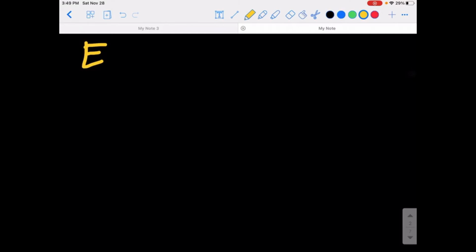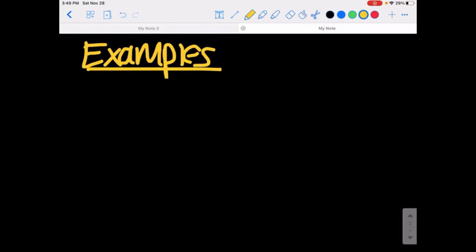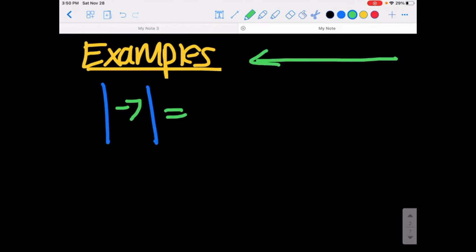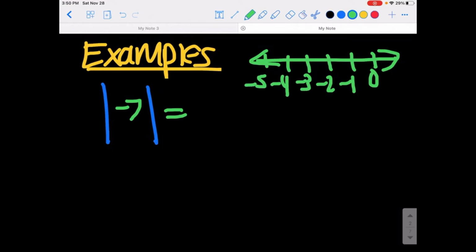Okay, examples. The absolute value of -7 is, so if you think about it on the number line, -3, -4, -5. Okay, I think our number line is a little small.